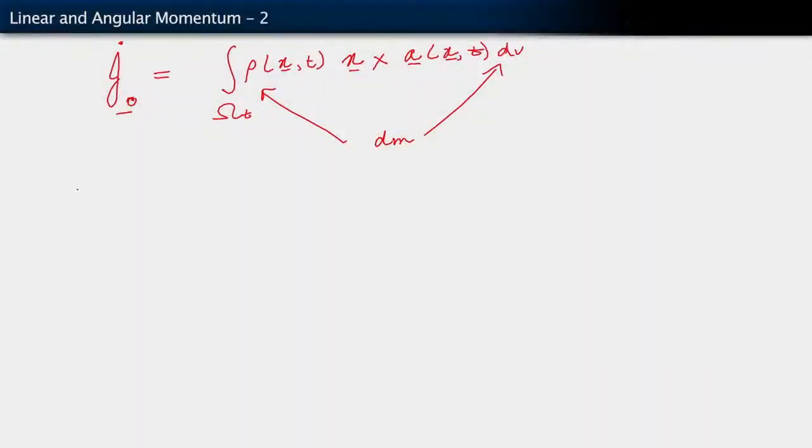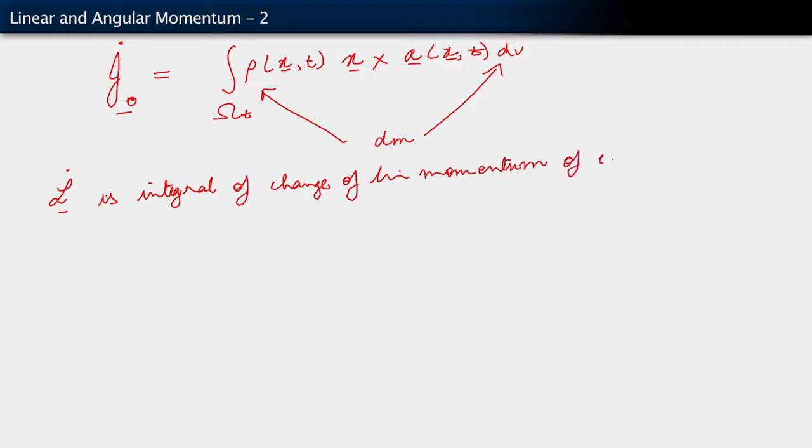Let me state that as a remark for both. So L dot is the integral of the rate of change of linear momentum of each elemental mass dm.